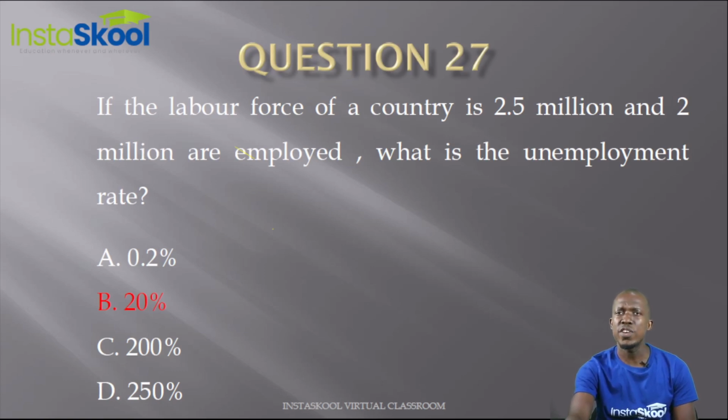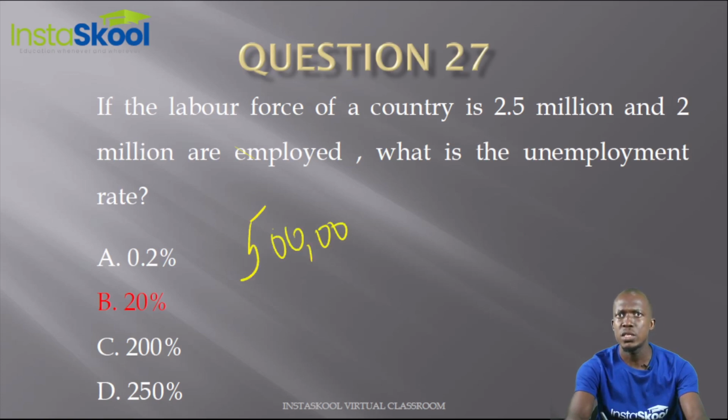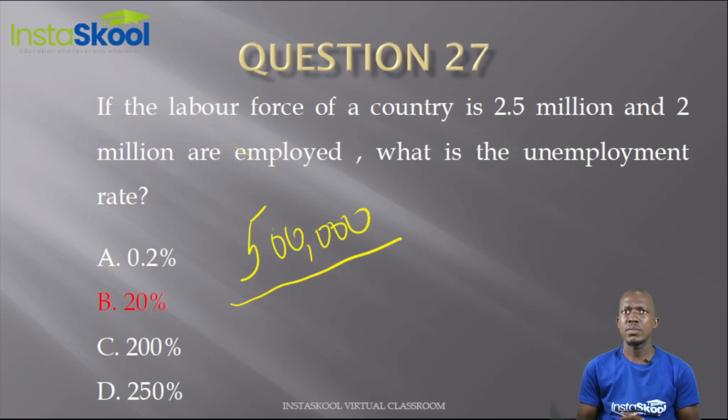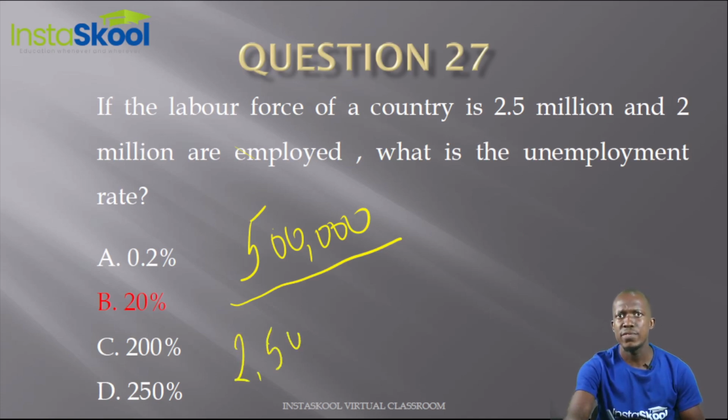So 2.5 million minus 2 million would give us 500,000. Now divided by the total number of people in the country, which is 2.5 million. So these 3 cancels these 3.